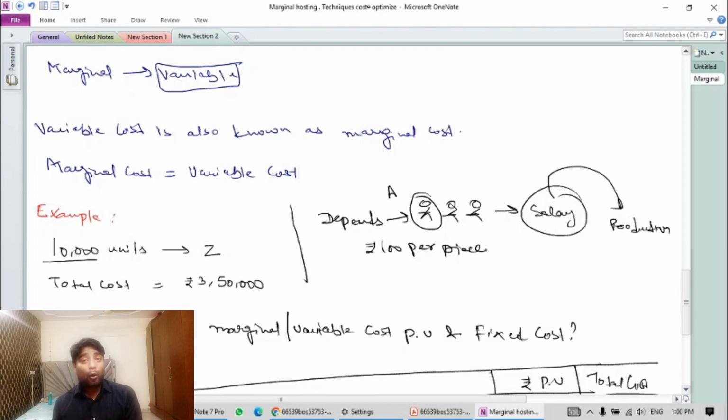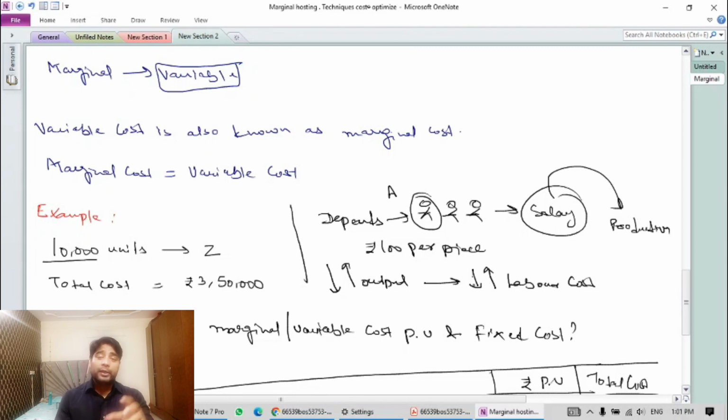So this is also a variable cost, because when we increase our output, the labor cost will also increase. And vice versa, if we reduce our output, the labor cost will also be reduced, because labor depends upon the production.